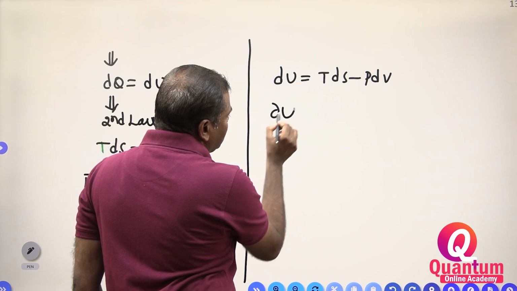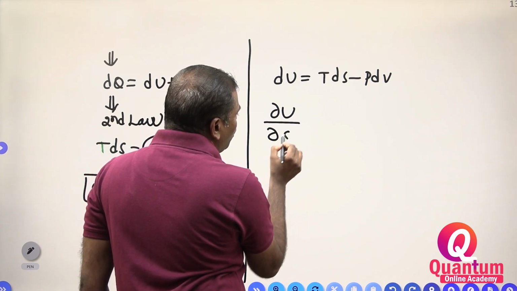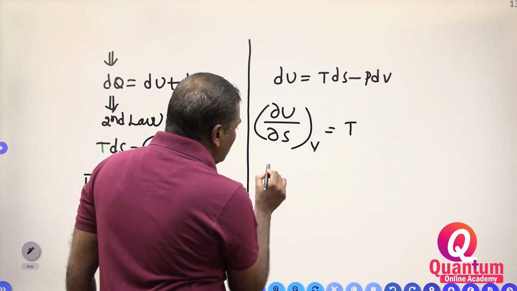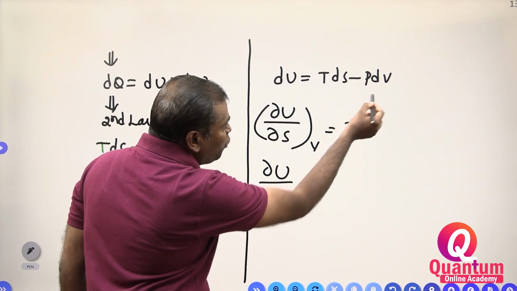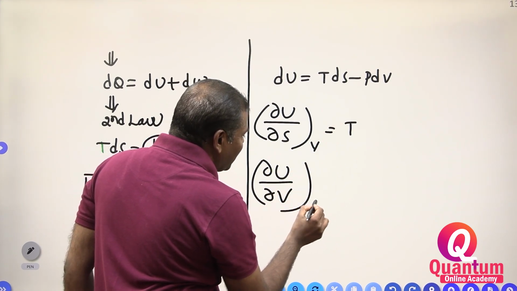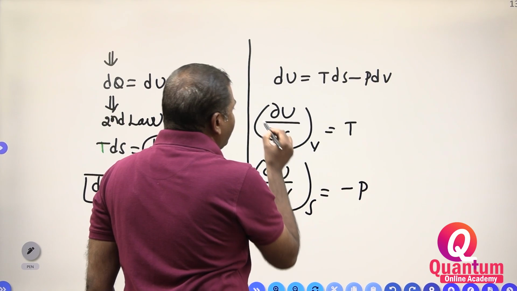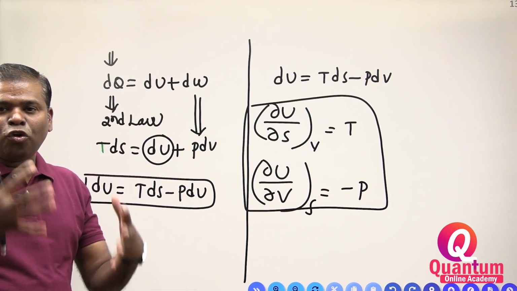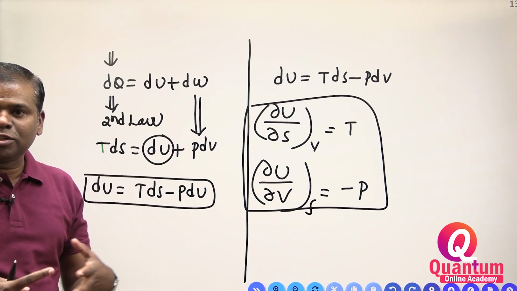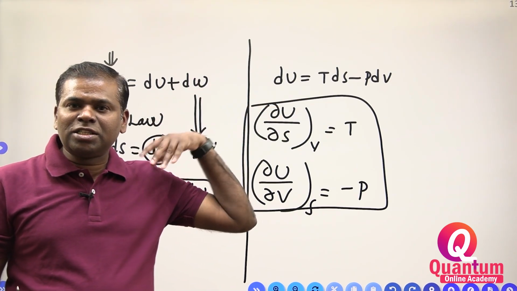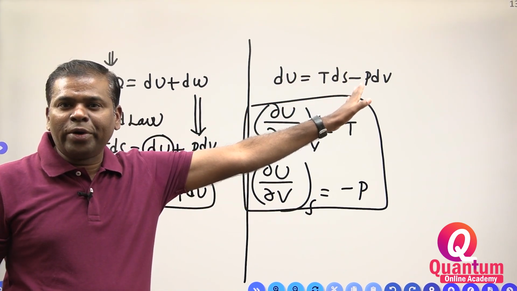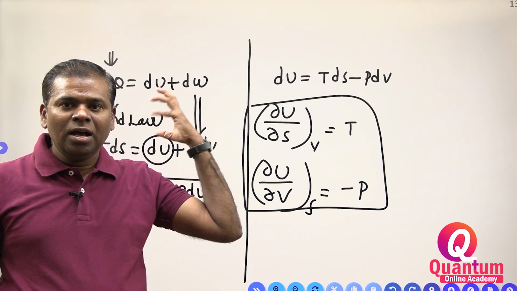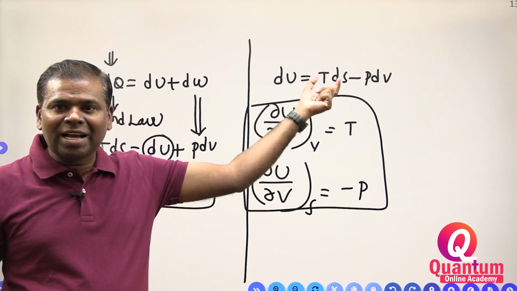If you do partial differentiation, ∂U/∂S at constant volume is equal to T. ∂U/∂V at constant entropy is equal to minus P. Like this you have to do it, for each and every one of the 4 fundamental potentials. From those potentials, one variable you take as constant, and another you take for the purpose of calculating the temperature.